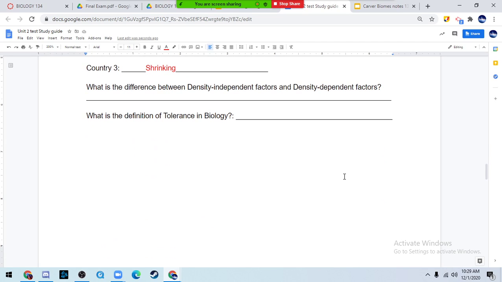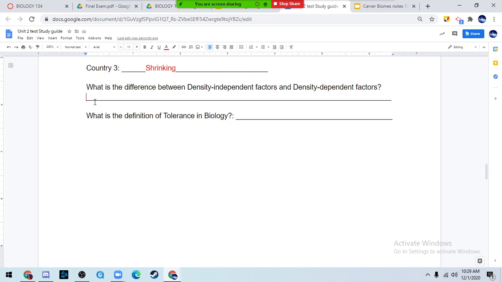All right, let's continue. So, ladies and gentlemen, what is the difference between density independent factors and density dependent factors? Remember, both of these terms are vocabulary terms that you need to know for the test. They show up on it.